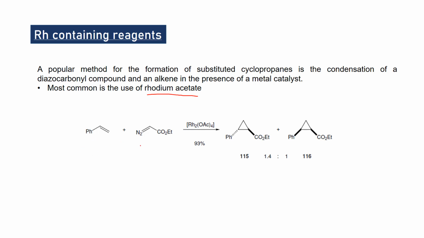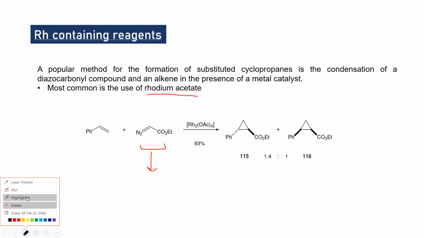If we use this type of diazo compound in presence of rhodium, it generates a carbene through elimination of nitrogen gas.